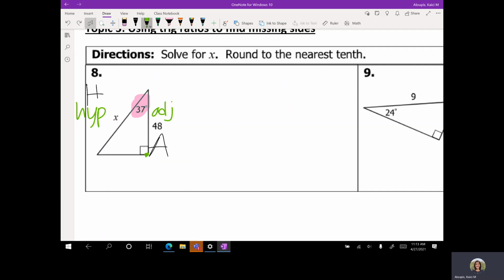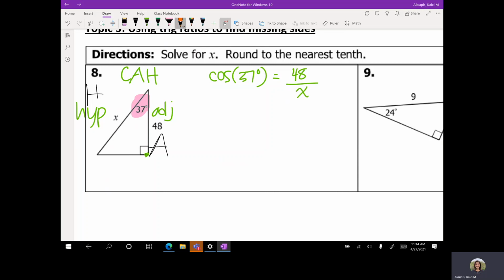That means I'm going to take the cosine of my angle. We always take a sine, a cosine, a tangent of an angle. So I'm going to write cosine of my angle, 37 degrees, is equal to, and remember cosine is CAH, so that's adjacent over hypotenuse. So I'm going to write 48 first in my numerator over my hypotenuse, which is x.